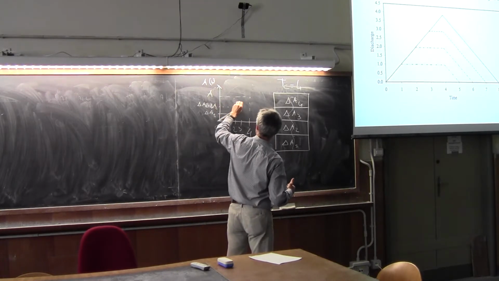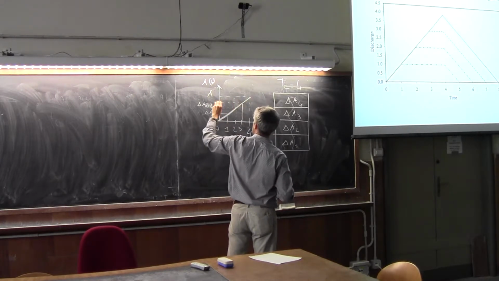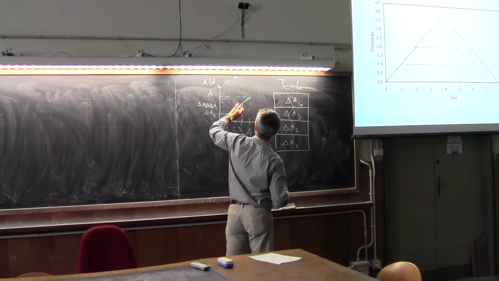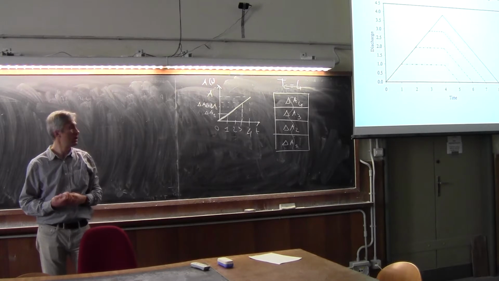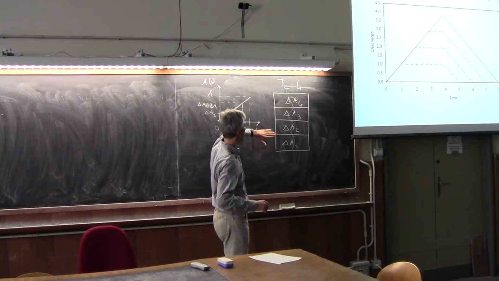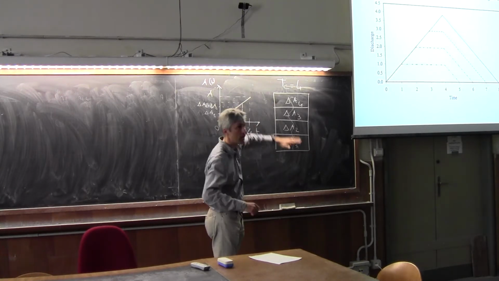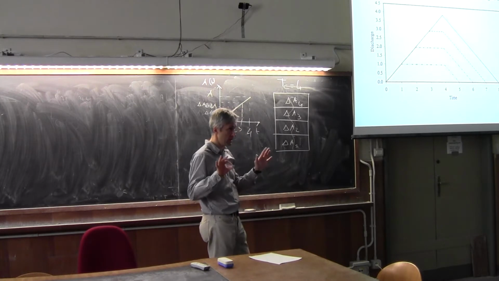And then you get a linear area time curve. Why is it linear? Again, because the increments, delta A1, delta A2, delta A3, delta A4, are equal. Is it clear?